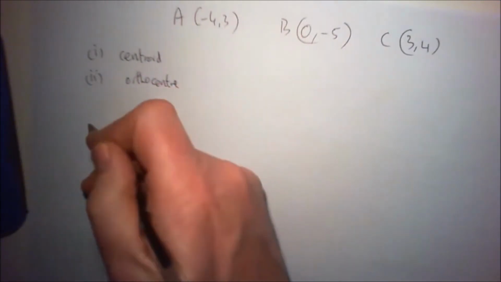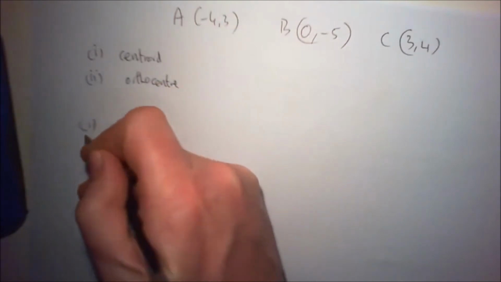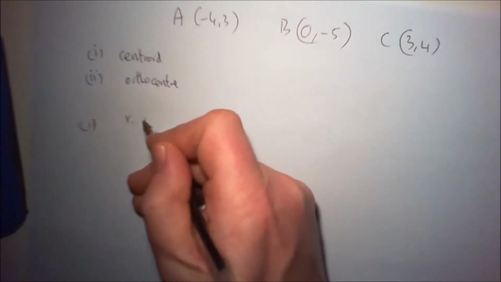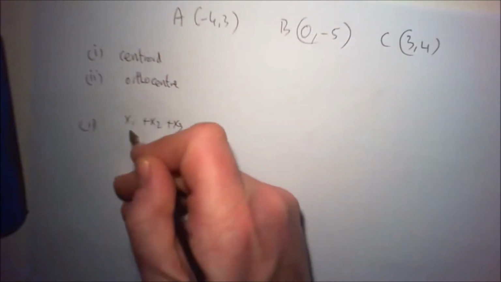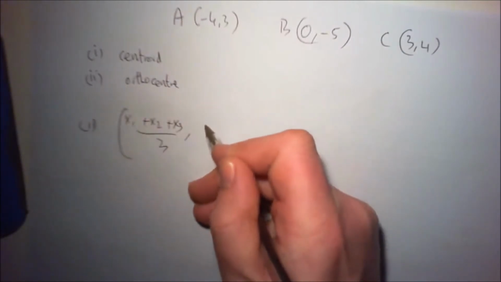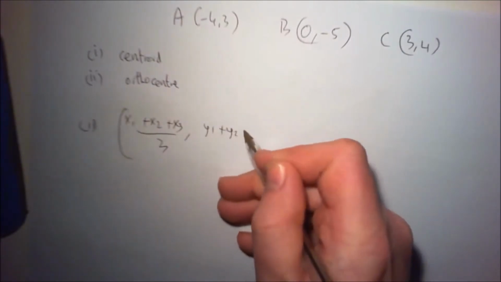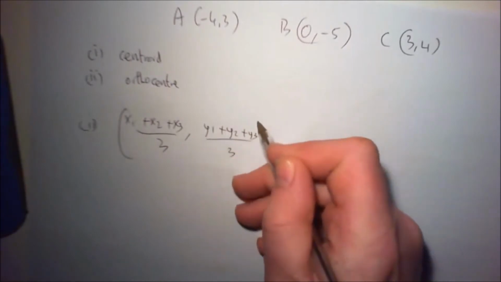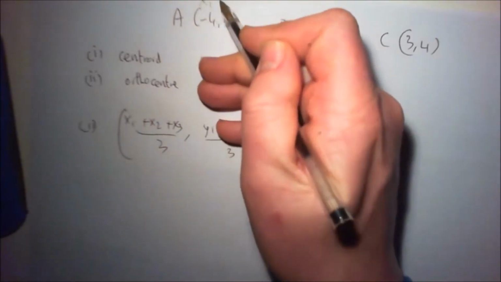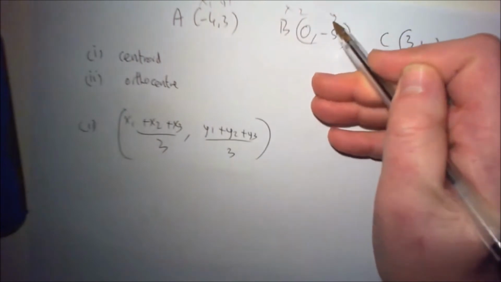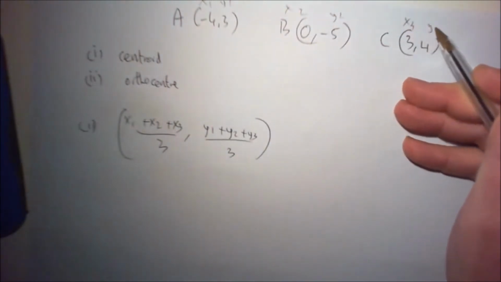Okay, so centroid, we need (x1 + x2 + x3)/3, comma, (y1 + y2 + y3)/3, where the points are (x1, y1), (x2, y2), (x3, y3).